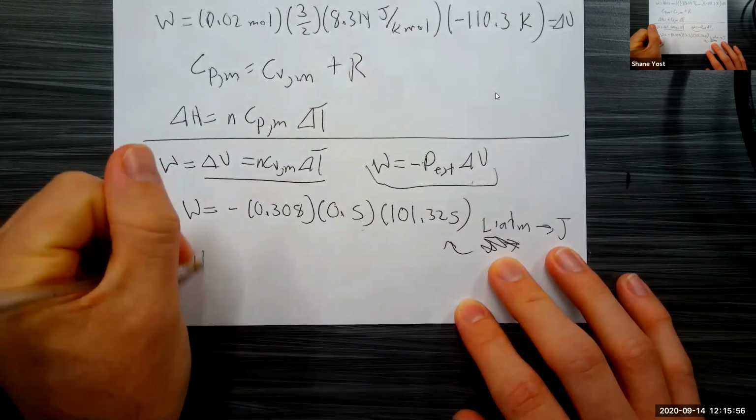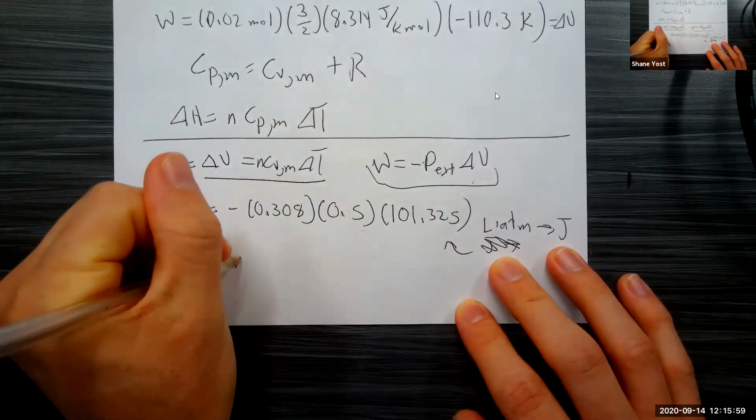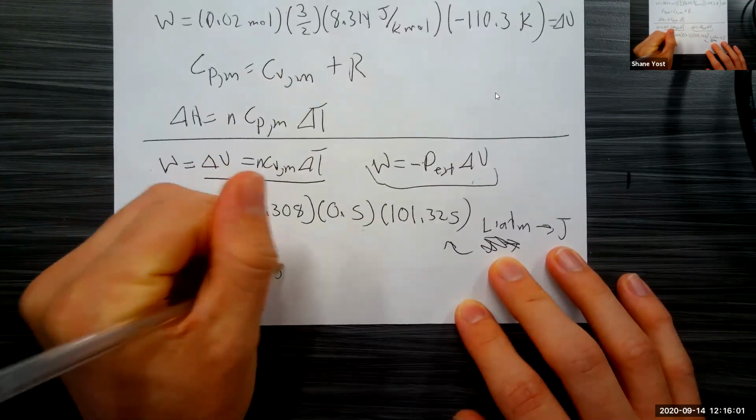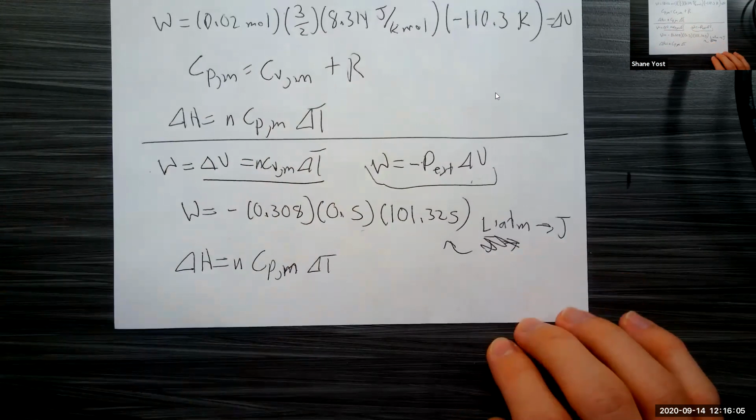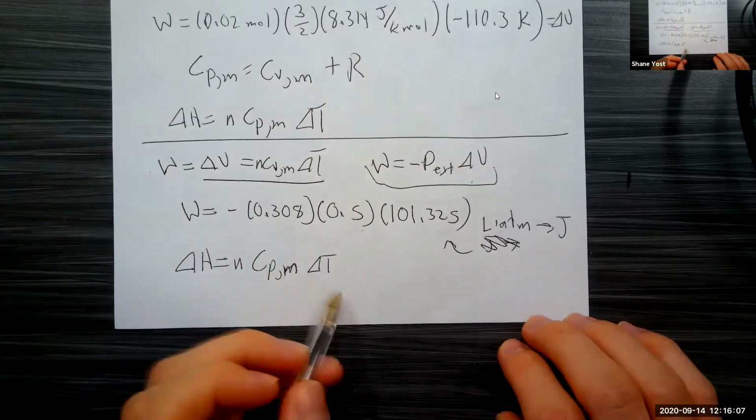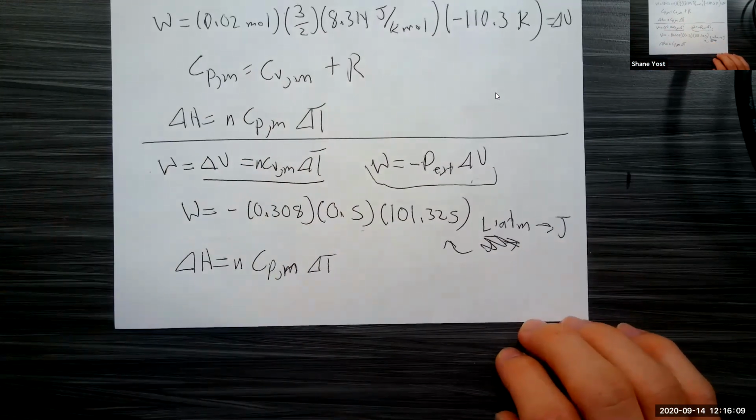Delta H, to calculate that, I need to use n C_P,m delta T. But I don't know what delta T is, given in the problem.